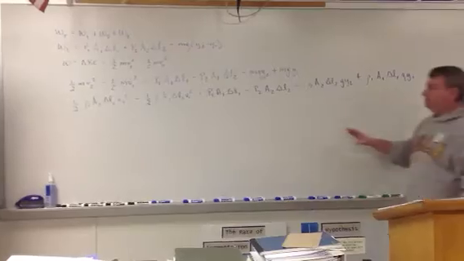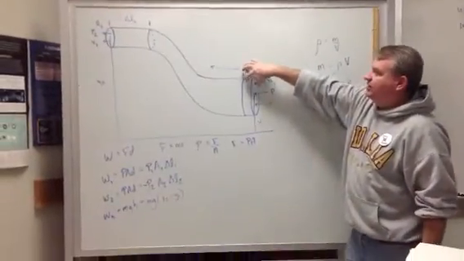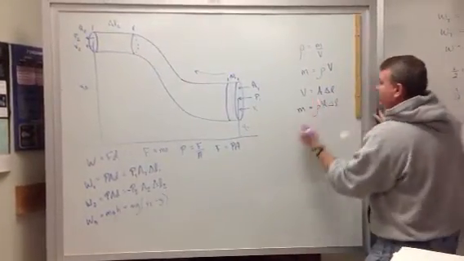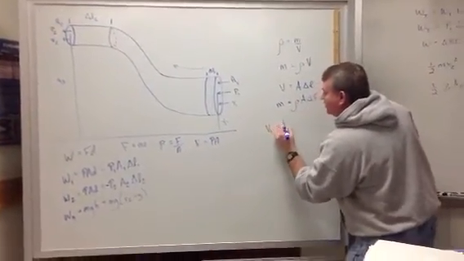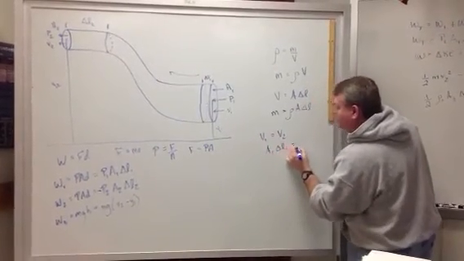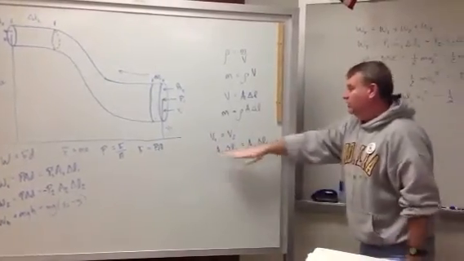Now we look at this. We stated earlier that the volume of fluid here is equal to the volume of fluid here. That means that volume 1 is equal to volume 2. So A1 delta L1 has to be equal to A2 delta L2. So the volumes have to be equal.